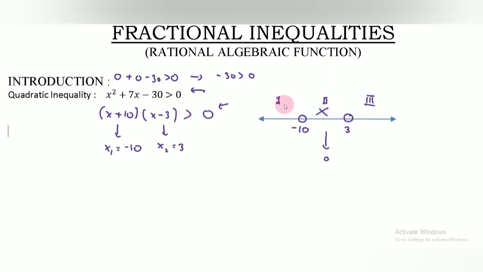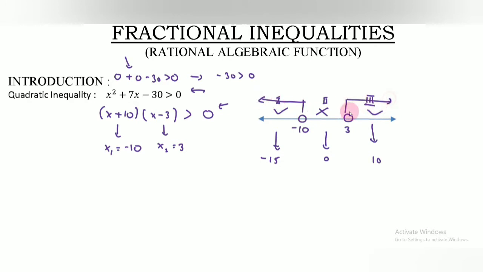By doing the same with a representative of the left area, for example negative 15, and from the right area, for example 10, you can find that they satisfy the inequality. So in the end, your number line will be like this.